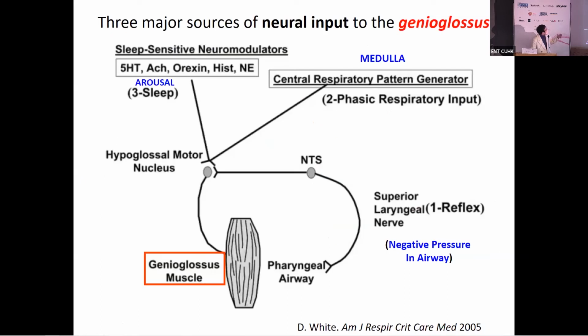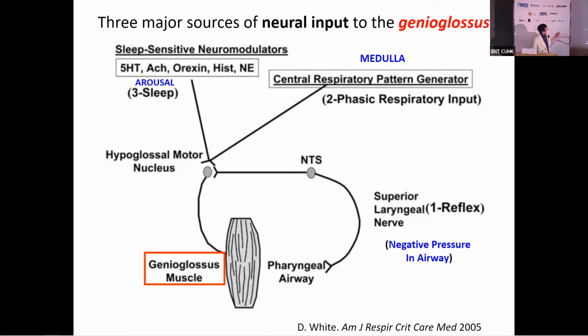Right. So how do we keep our genioglossus contracted? There are three influences. The most important one is the wakefulness stimulus. Our wakefulness stimulus will cause the hypoglossal motor neurons to activate our genioglossus. So being awake helps.